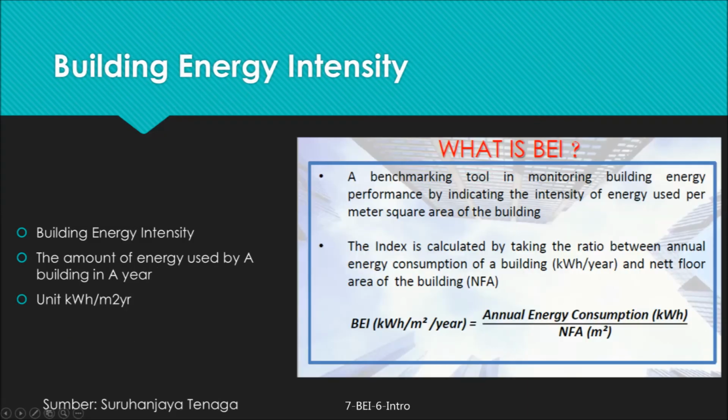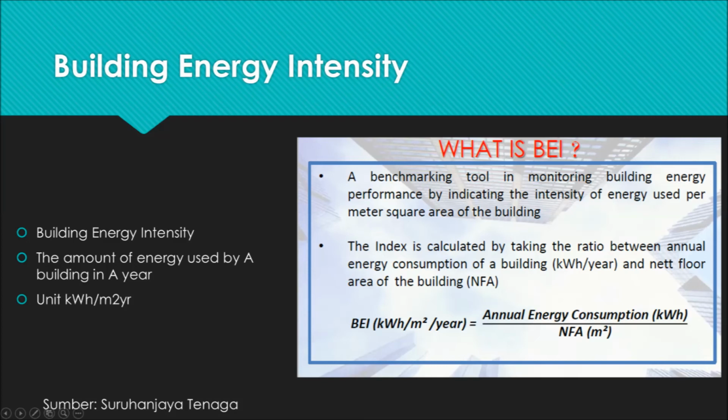Now we have understood the unit of measurement used in a building. We can move on to another concept in building energy, that is building energy intensity, or BEI. BEI is the amount of energy used by a building in a year.